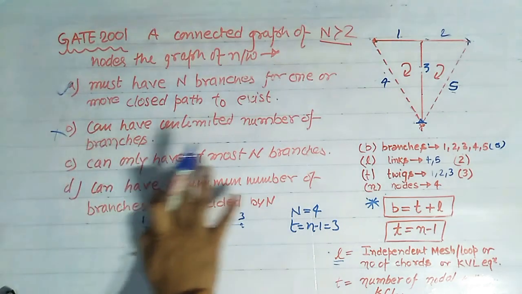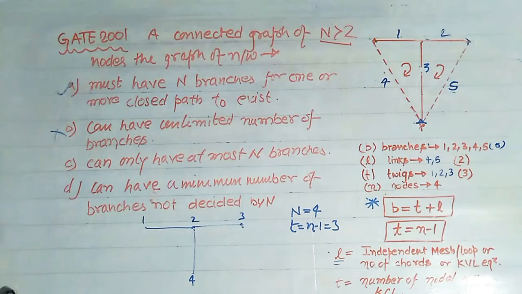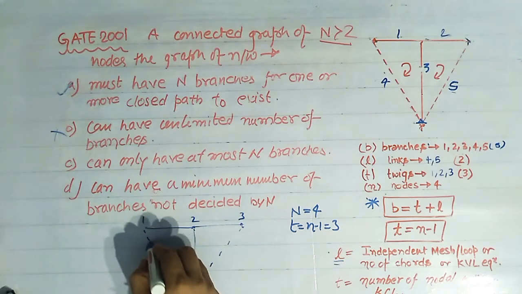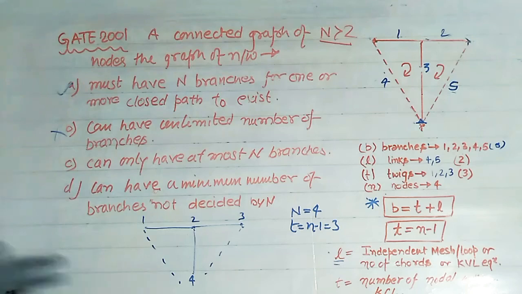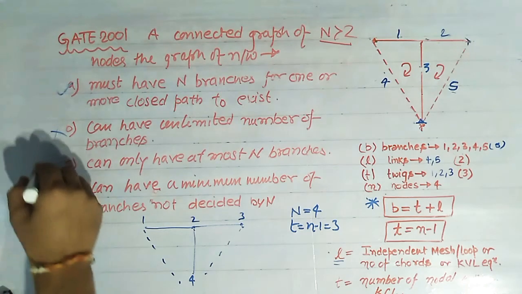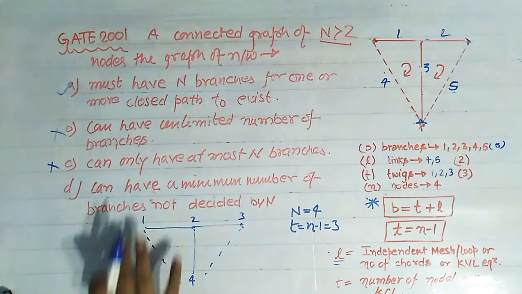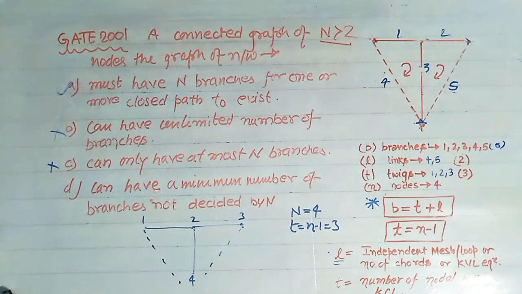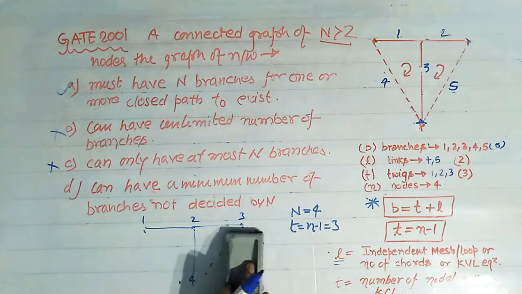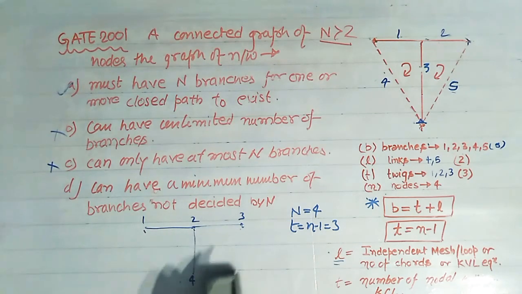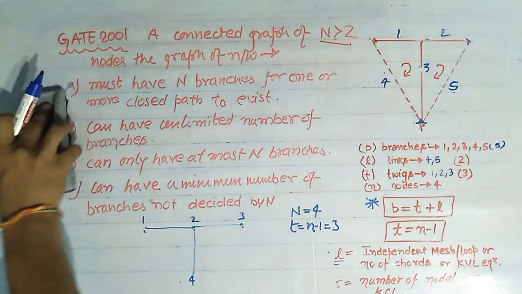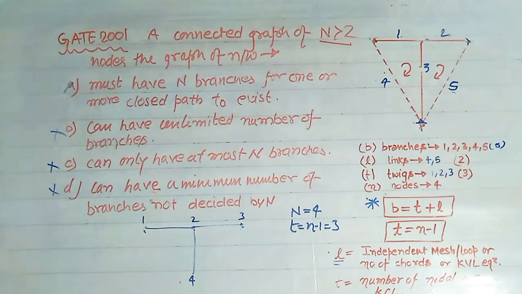Can only have at most n branches? That is also not correct because we can add a link here, add a link here, then the number of branches becomes greater than the number of nodes. So this is also not correct. Can have a minimum number of branches not decided by n? This is also not correct because the number of nodes decides the number of branches. Now, how is this first option correct?